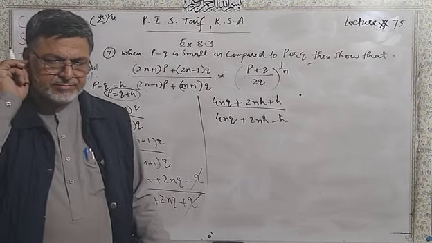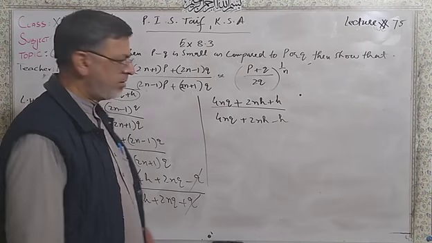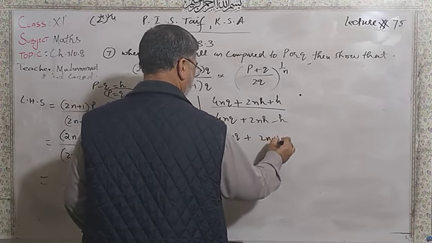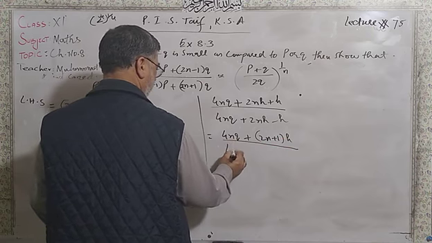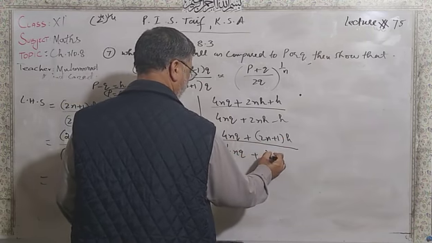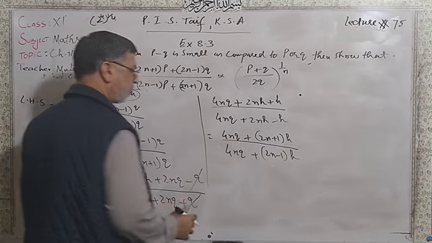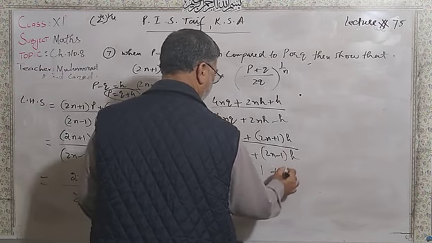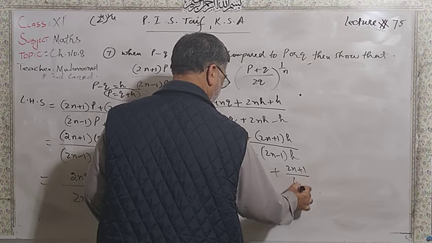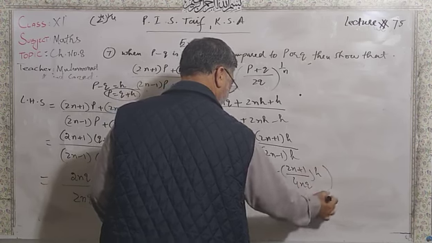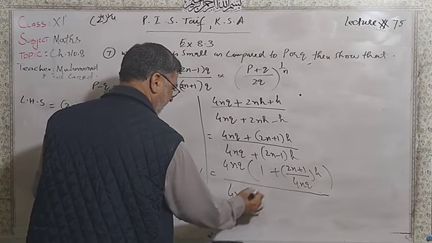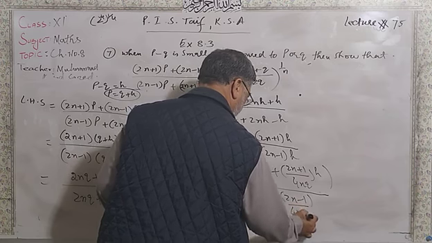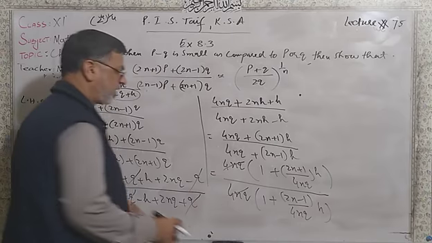So dear students, you can write down 4nQ plus (2n plus 1) into H, over 4nQ plus (2n minus 1) into H. Taking 4nQ common, from above we get 1 plus (2n plus 1) over 4nQ into H, divided by 4nQ times 1 plus (2n minus 1) over 4nQ into H. 4nQ cancelled out.